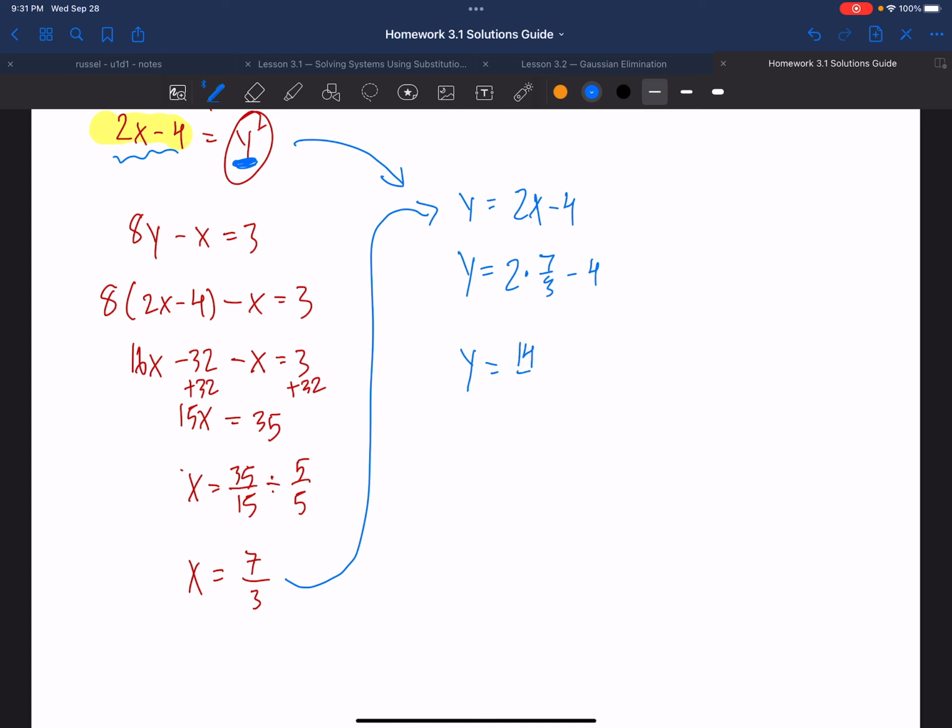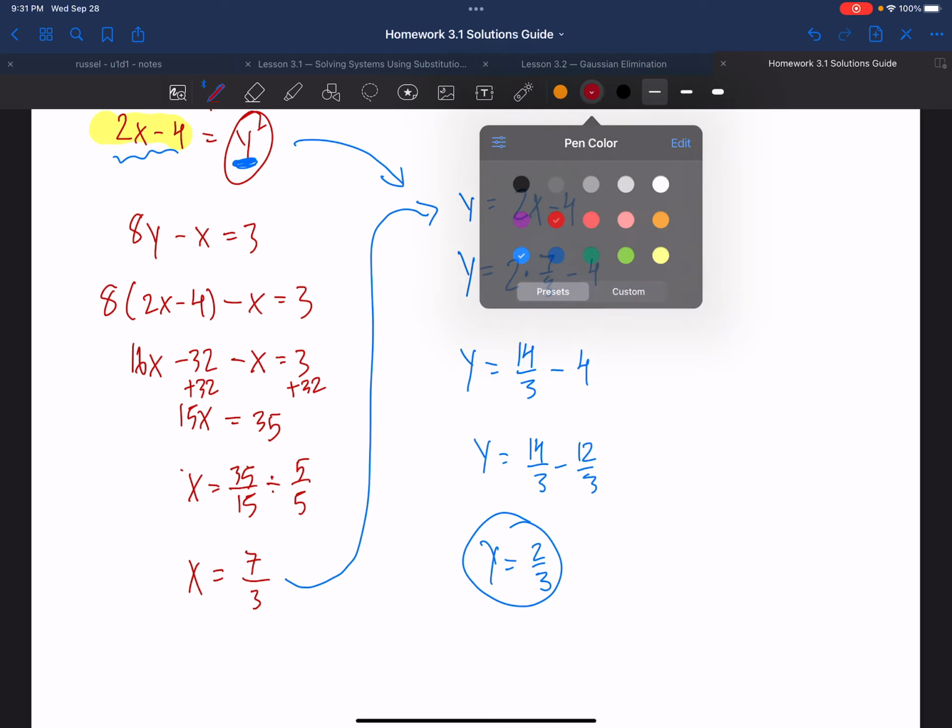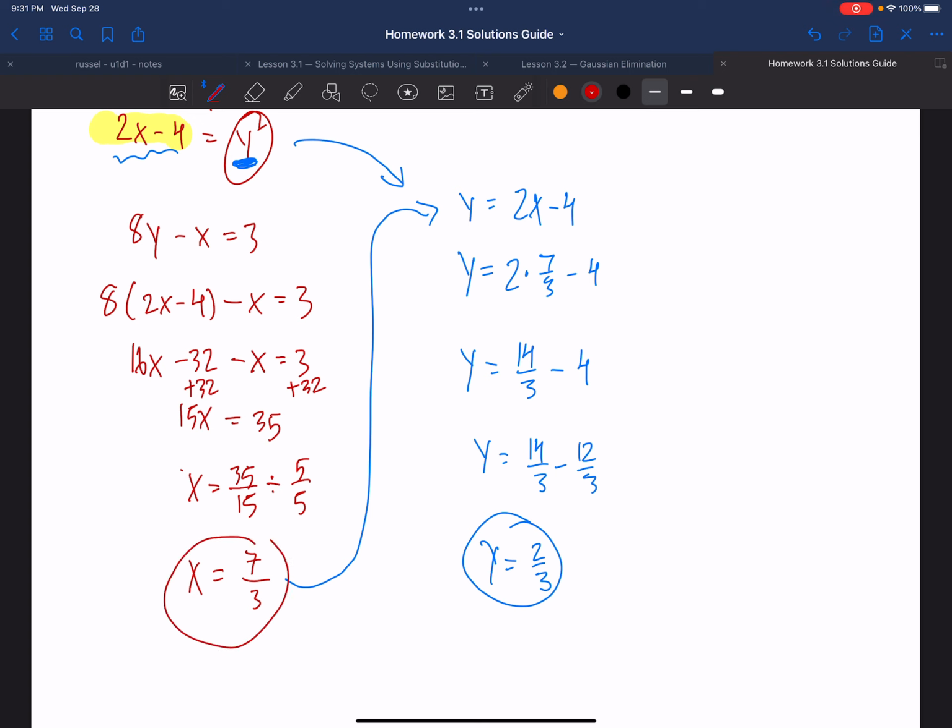That is 14/3 minus 4. And 4 is 12/3. So y equals 2/3. Done. So x equals 7/3, y equals 2/3. My final answer is 7/3, comma, 2/3. Box my answer. Call it a day. And that's it.